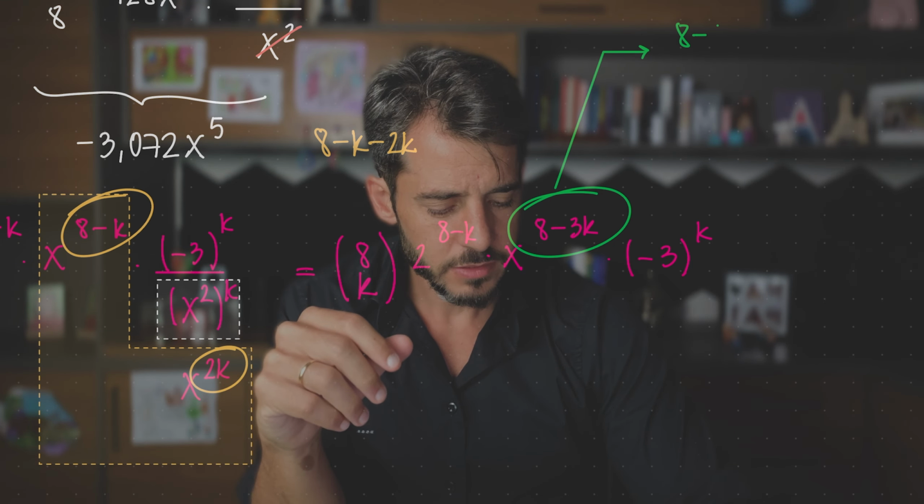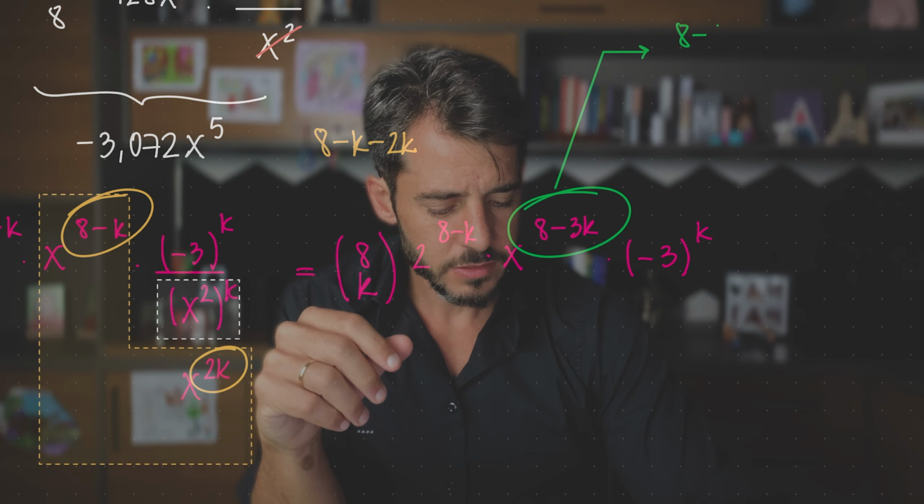Therefore, we're going to have a choose 3 times 2x to the 8th minus 3, which means 5, negative 3 over x squared cubed. By the way, a choose 3 is 56. We have 32x to the 5th over here, and over here, negative 27 over x to the 6th.